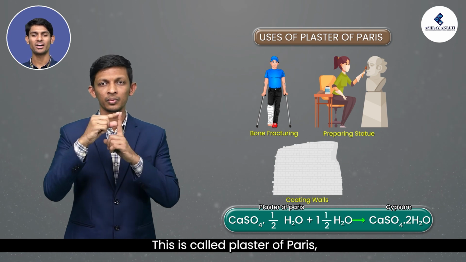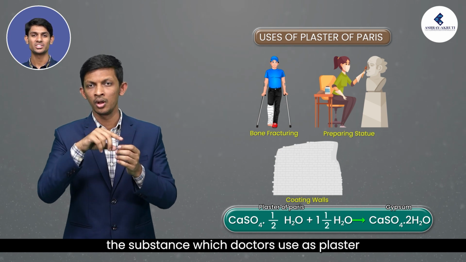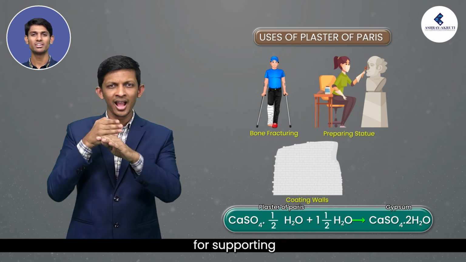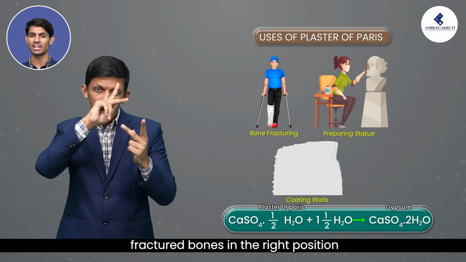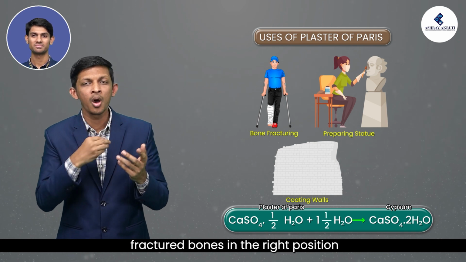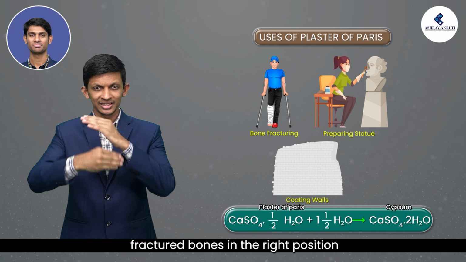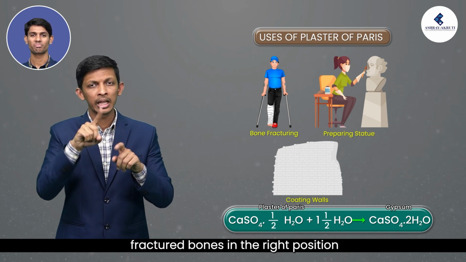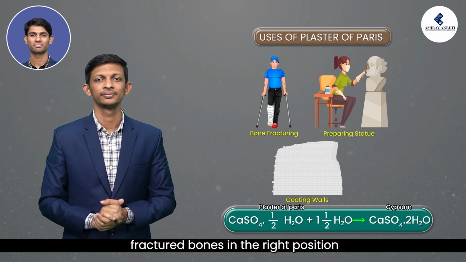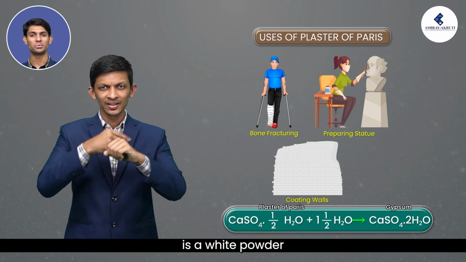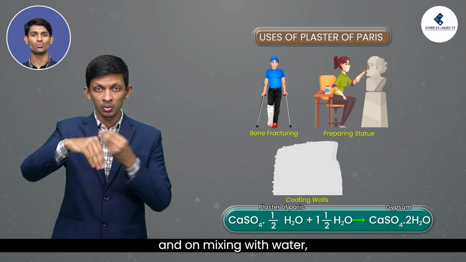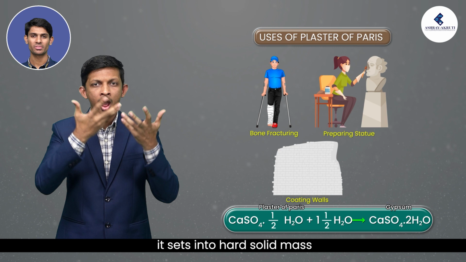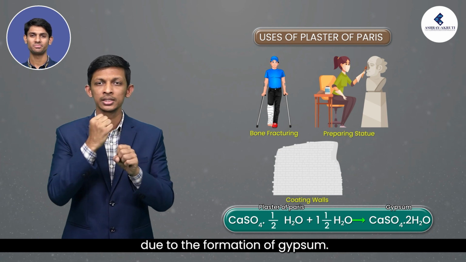This is called plaster of Paris, the substance which doctors use as plaster for supporting fractured bones in the right position. Plaster of Paris is a white powder, and on mixing with water, it sets into a hard solid mass due to the formation of gypsum.